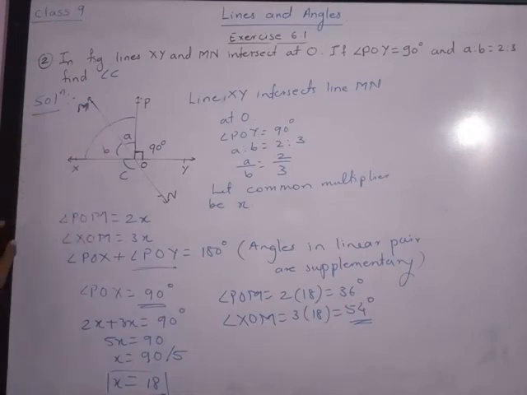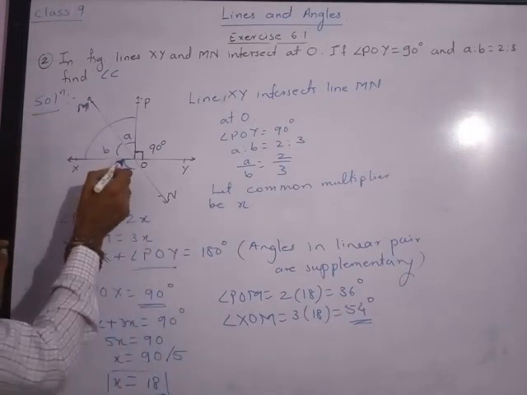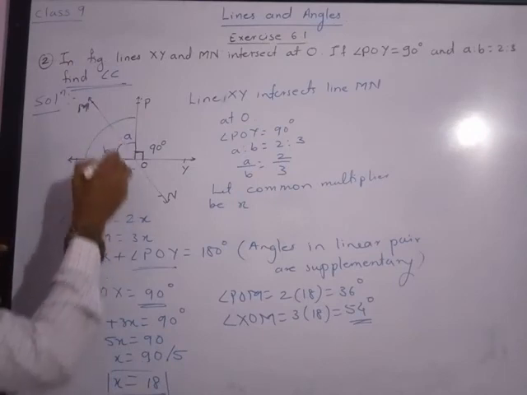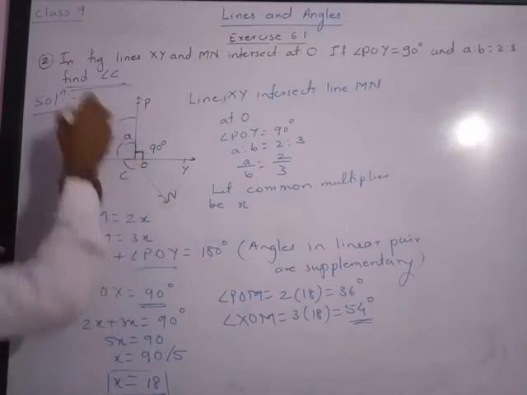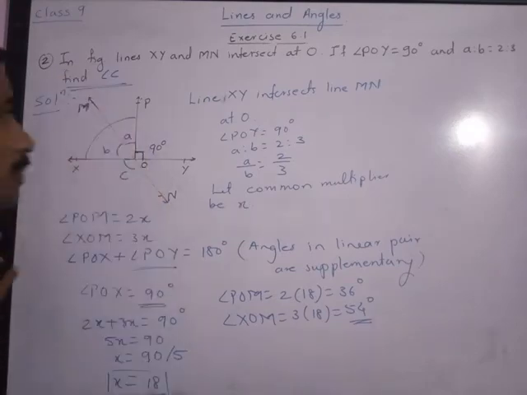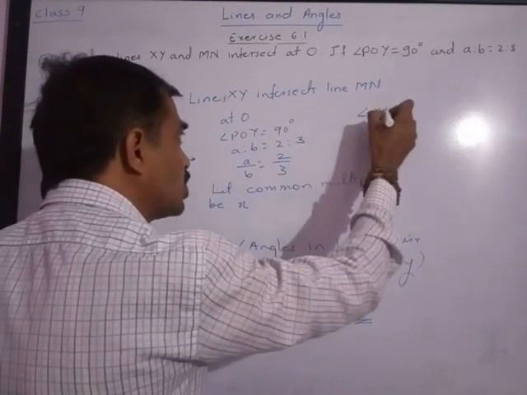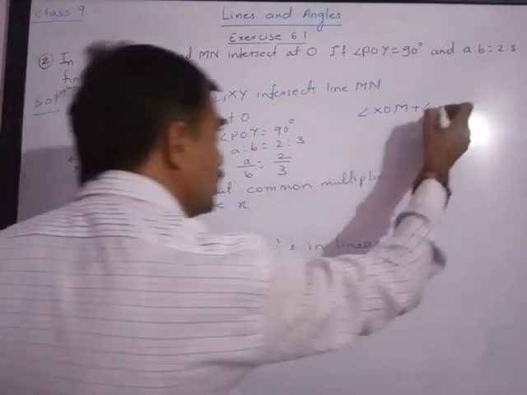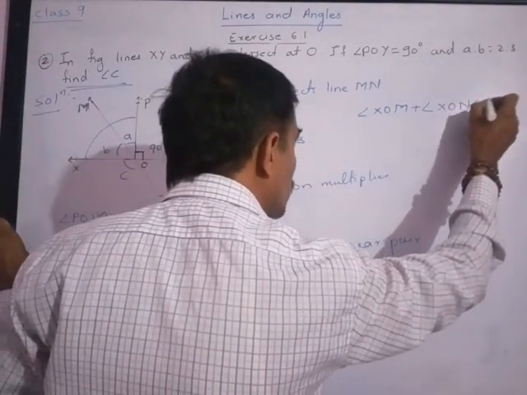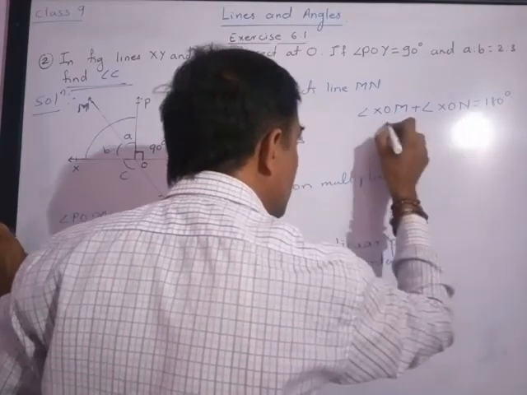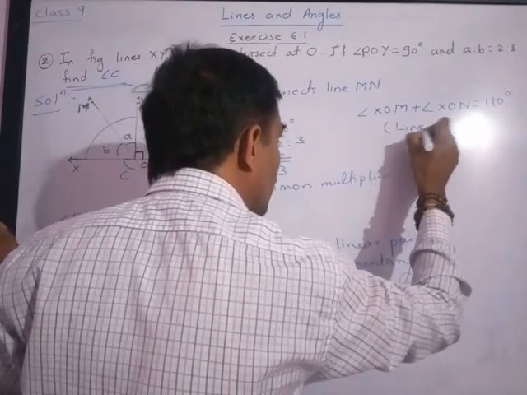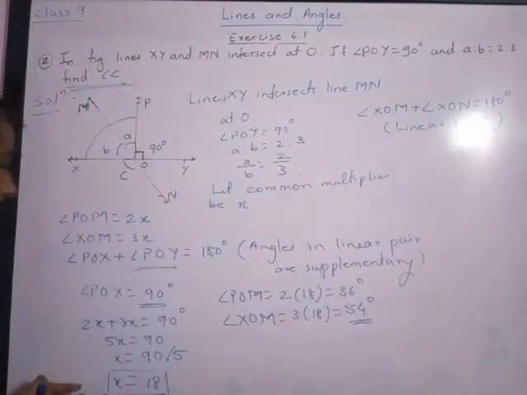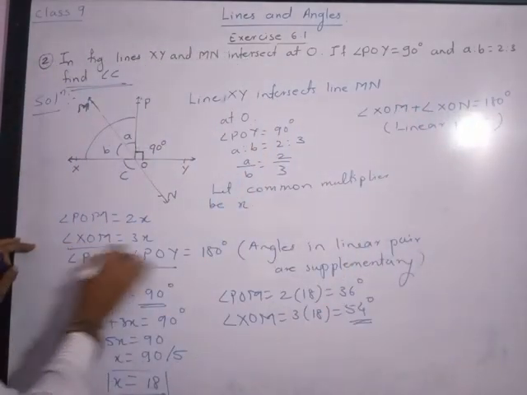Now we are asked to find angle c. Please note, this b plus c is equal to 180 degrees because they form a linear pair. Angle XOM plus angle XON is also equal to 180 degrees. Reason is again they form a linear pair. Out of this we have got XOM, that is equal to 3x.